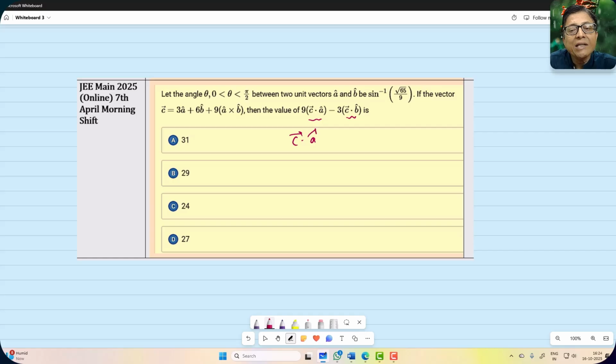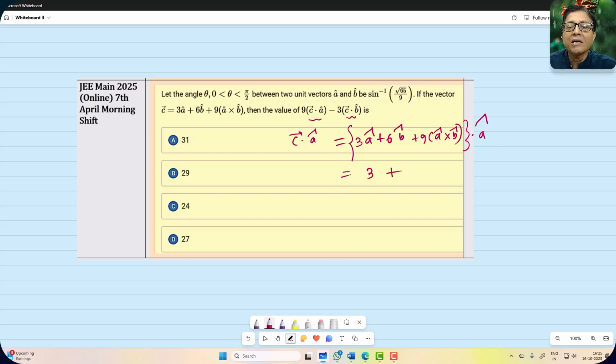C dot A cap, this is going to be 3 A cap, 6 B cap, 9 A cross B, and this whole thing is taken dot product with the vector A cap. If you open the bracket, 3 A cap dot A cap will be 3.